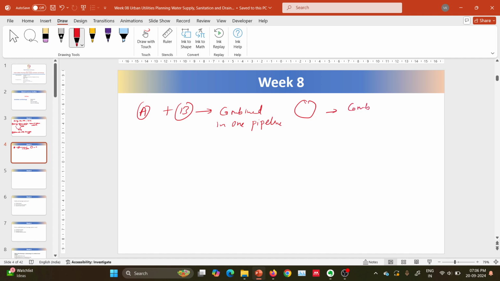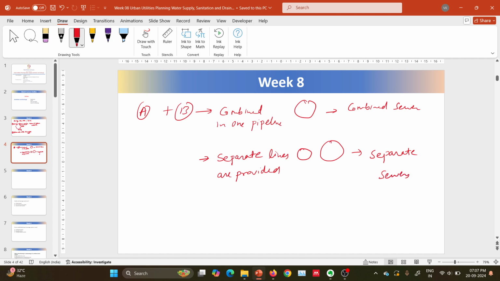Sometimes separate lines are provided. These are called separate sewers. You can imagine why they are combined, and why they are provided separate.